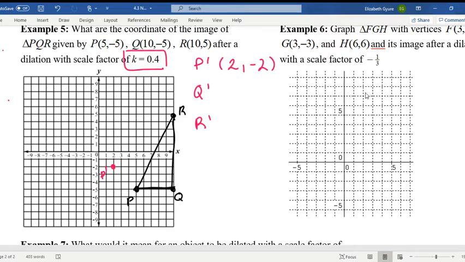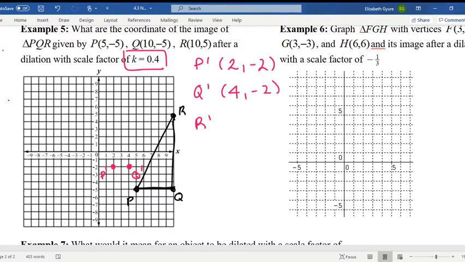So you're going to take your coordinate point 10, negative 5, multiply 10 by 0.4, and multiply negative 5 by 0.4. Sorry, what, Ethan? Does that make more sense now? Okay. But yes, it is 4, comma, negative 2. Okay, so that would be Q prime.